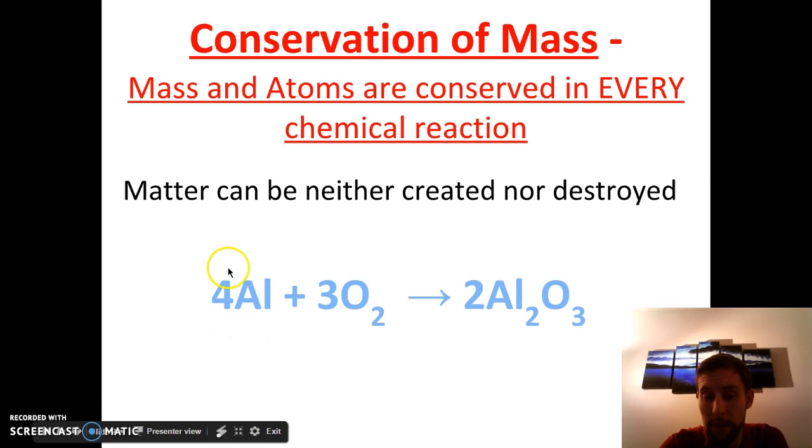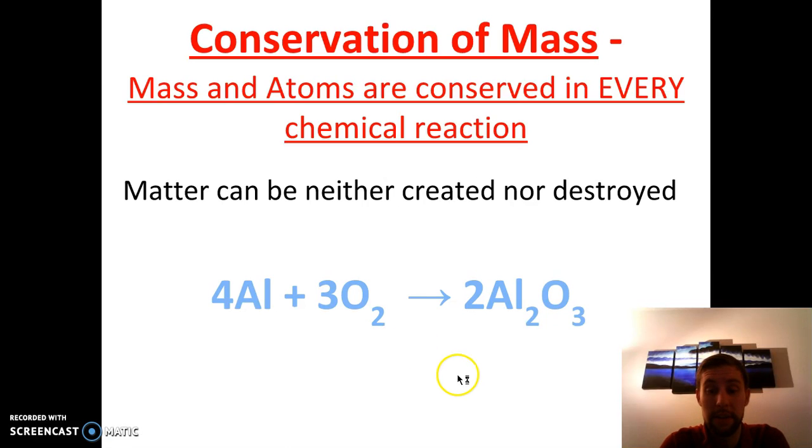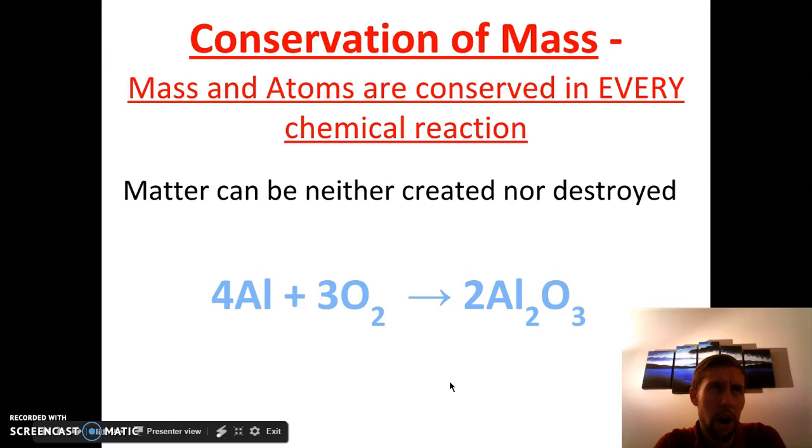We have 4 aluminums on the reactant side, and 4 aluminums, 2 times 2, on the product side. Same thing with our oxygens: 2 times 3, 6 oxygens over here, and 3 times 2, 6 oxygens on the reactant side. That means they're balanced, they're the same, they're conserving the number there are, meaning conservation of mass is shown, and it'll be the same way in every single reaction you ever look at.